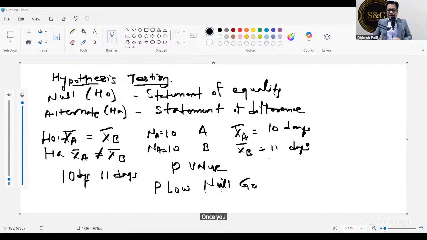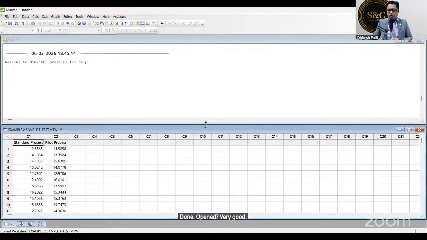Once you open the file, please let me know. Done? Opened? Very good. I'm just waiting for all the people to confirm. If you are in a position to do that, please do that, okay?